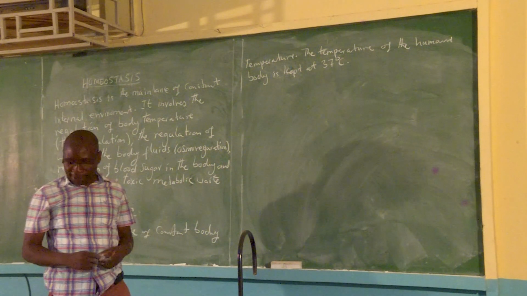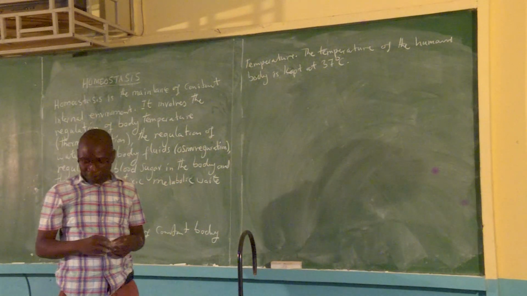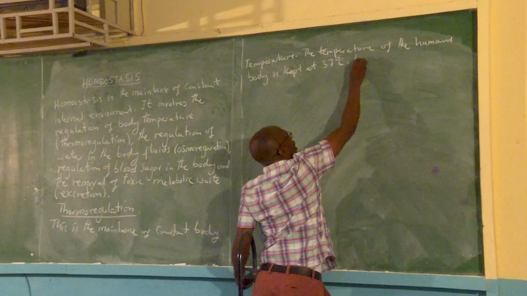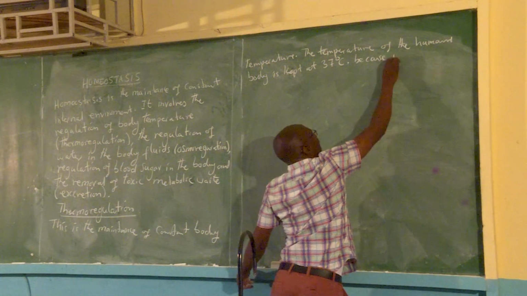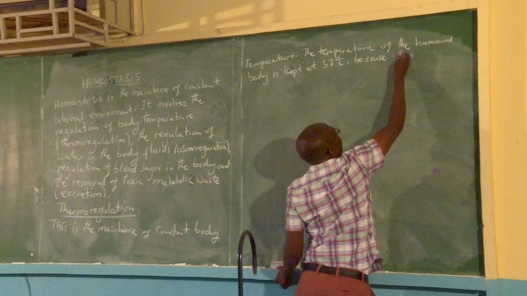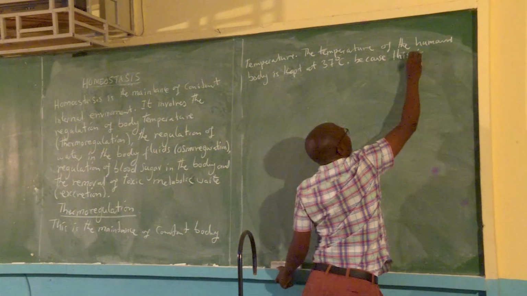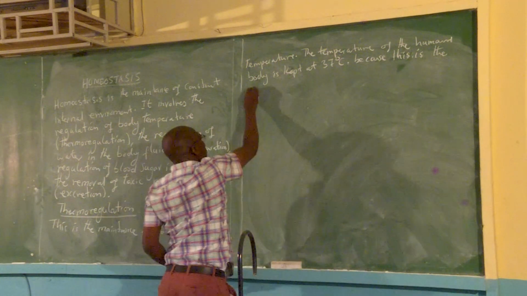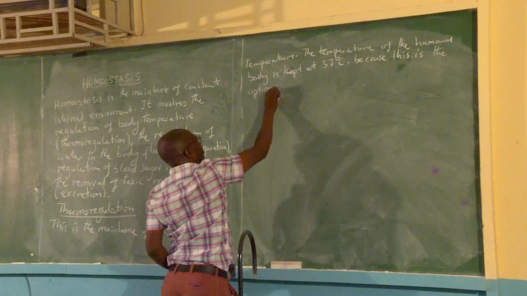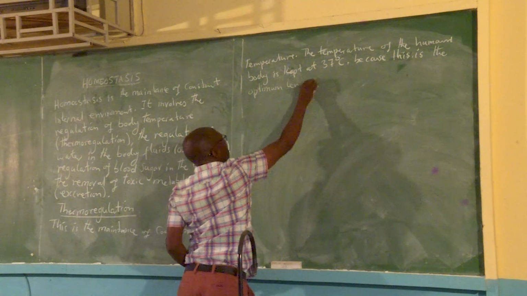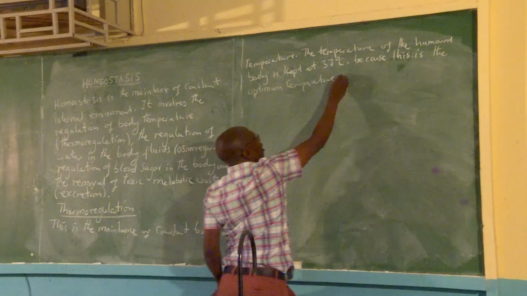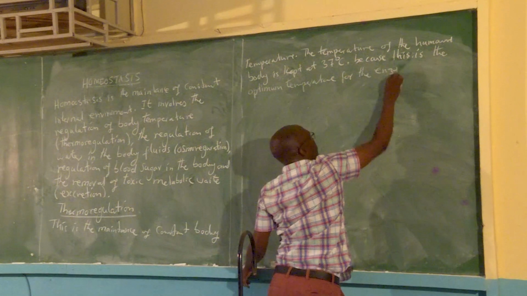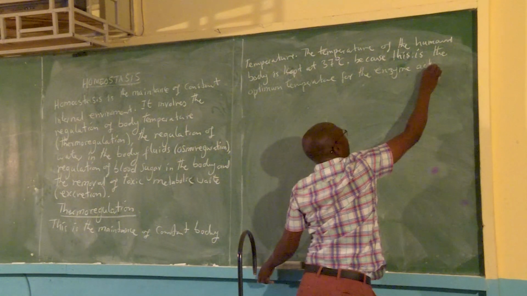This is what is known as the optimal temperature. It's supposed to be kept at 37 degrees Celsius because this is the optimal temperature for the enzyme activities.